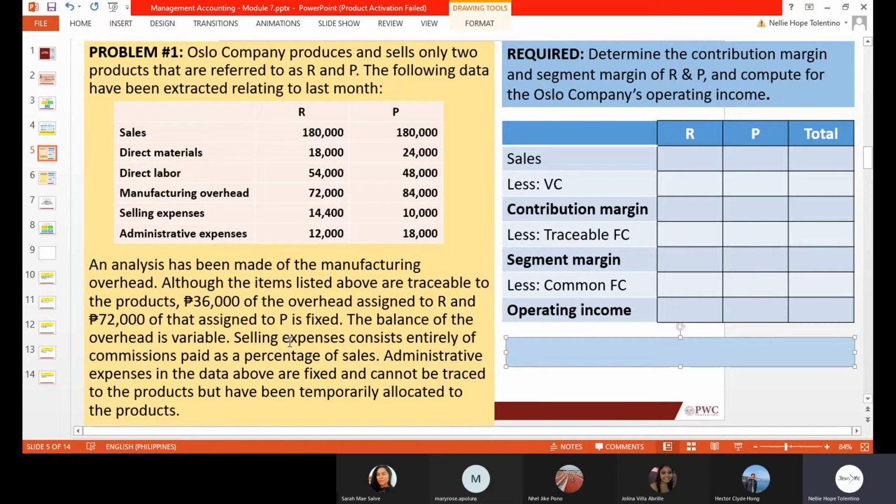If the selling expenses is a percentage of sales, tapos meron kang 14,400, tapos ang sales mo is 180,000, ang tanong, how many percent is 14,400 of 180,000? Ilang percent yan ng 180,000? How do you compute for that?